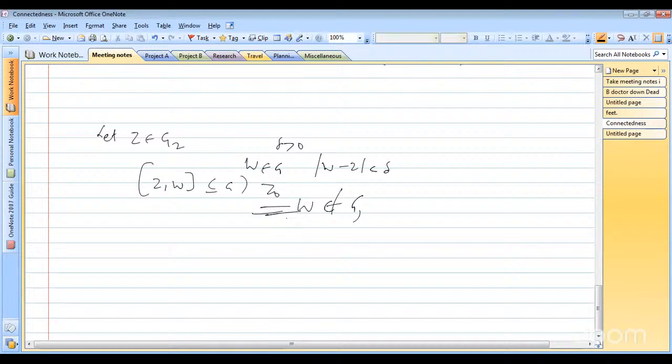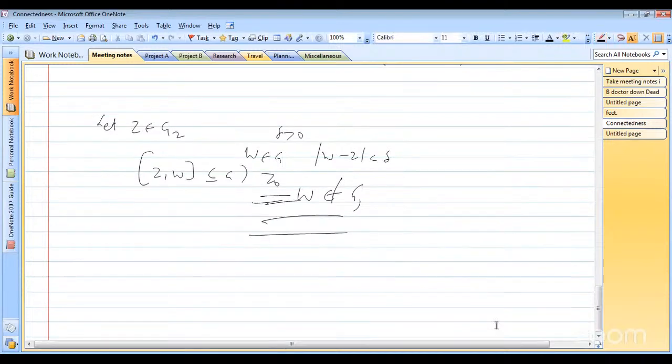Why? Because G2 is also open. The condition should be satisfied here.